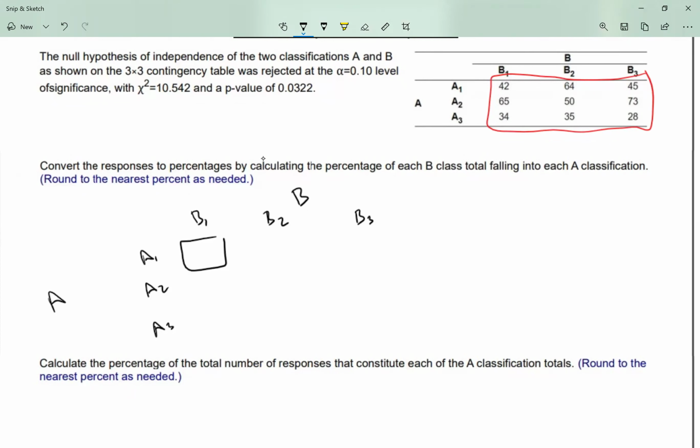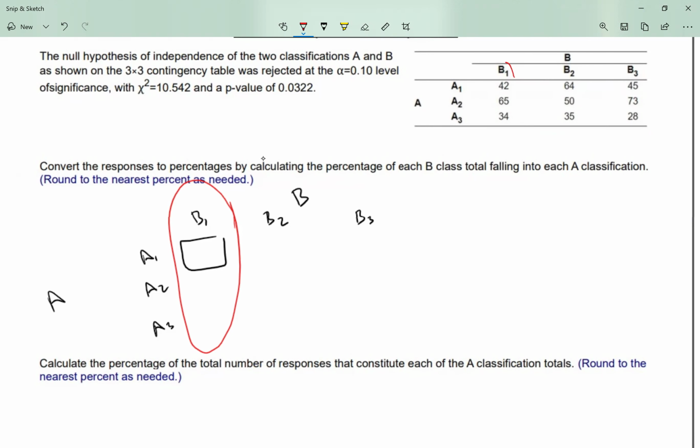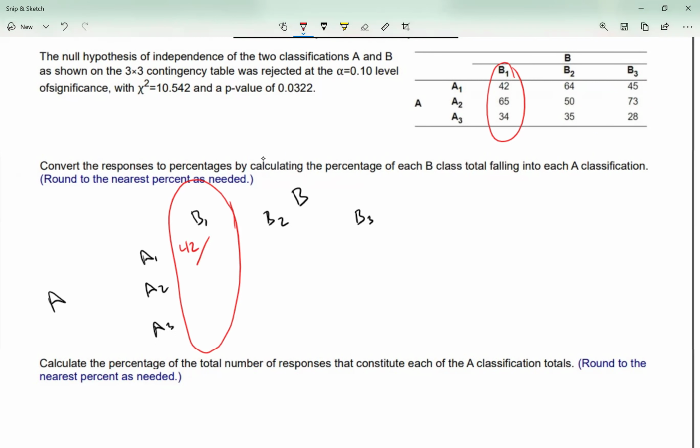So in reality, what I'm looking at, these three variables, because it's a B class, so B1, I want to know, so I'm looking at these variables, what are the percentages of each? So in reality, for the first one, it was 42 divided by, how many are there all together?